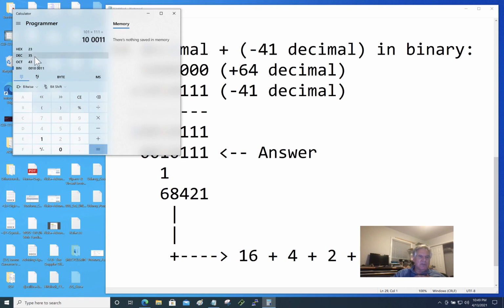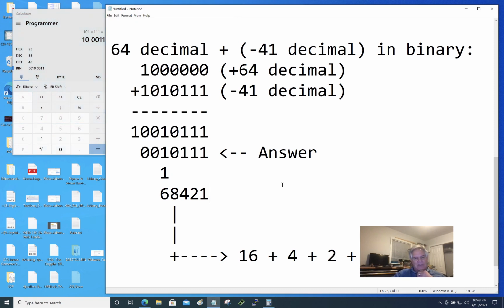Now it says decimal 35, with 5 times 7 is 35, but if we look at this, I've got a 32, I've got no 16s, no 8s, no 4s, a 2, and a 1. Well, 2 and 1 is 3, and 32 plus 3 is 35. So anyway, that's our look at binary arithmetic.